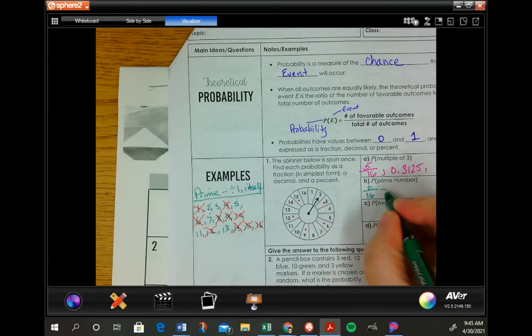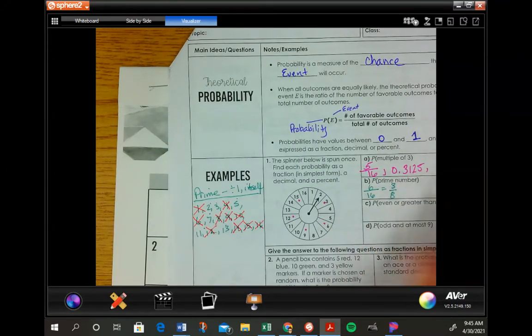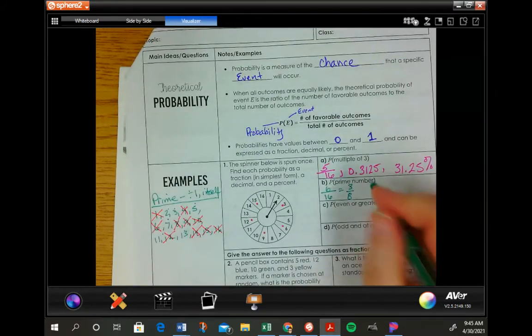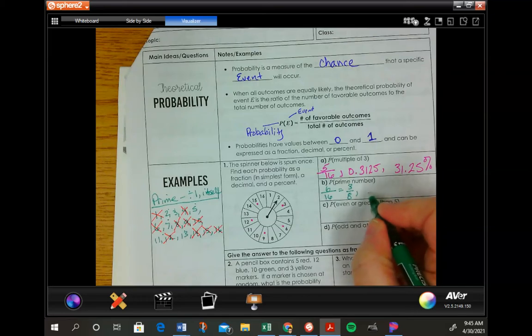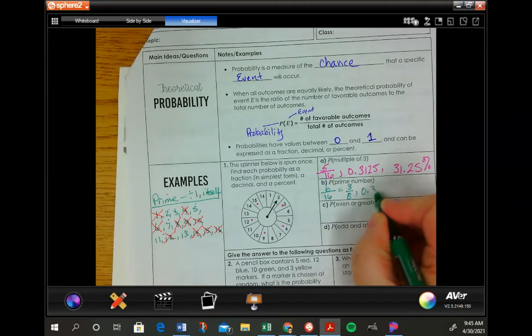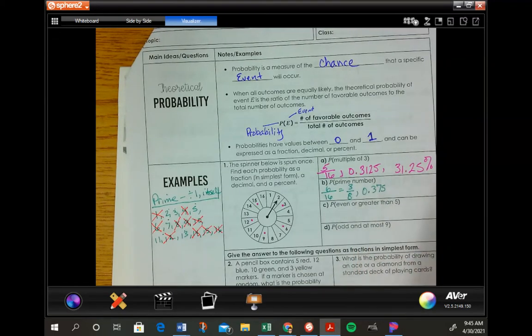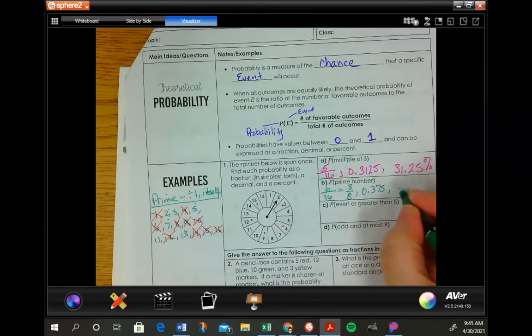If I reduce that, that would be 3 out of 8. And if I do a handy dandy calculator trick, divide 3 by 8, I get 0.375. Multiply that by 100, I get 37.5%.